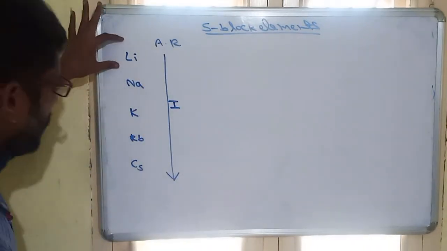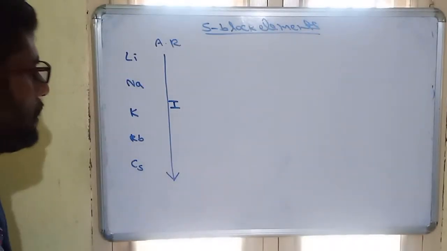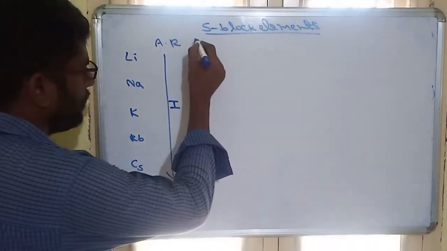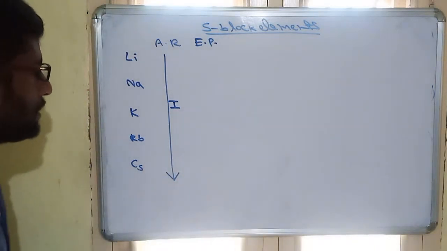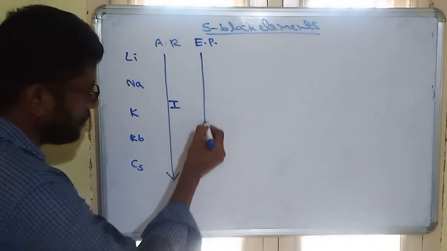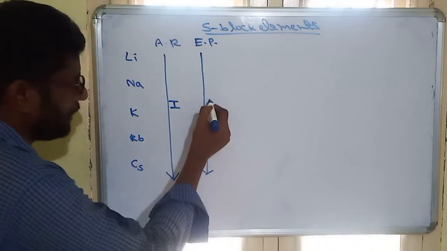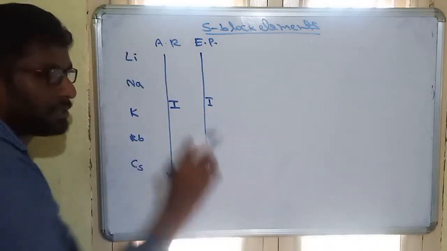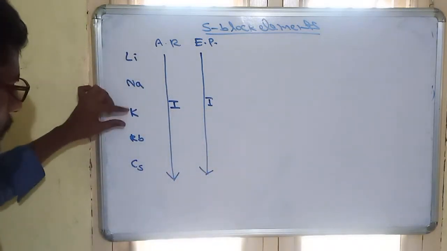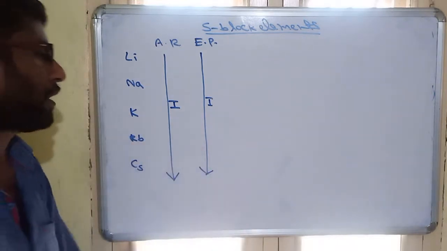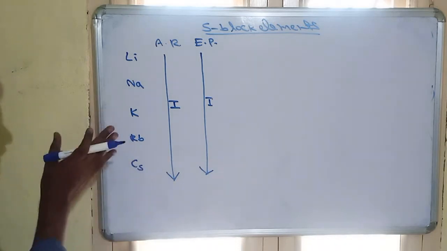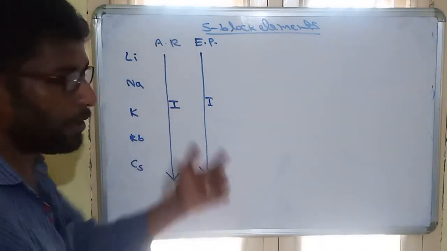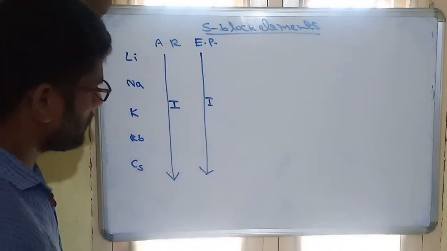Lithium is less electropositive, then sodium, potassium. Mostly all metals are electropositive, and electropositivity increases down a group.